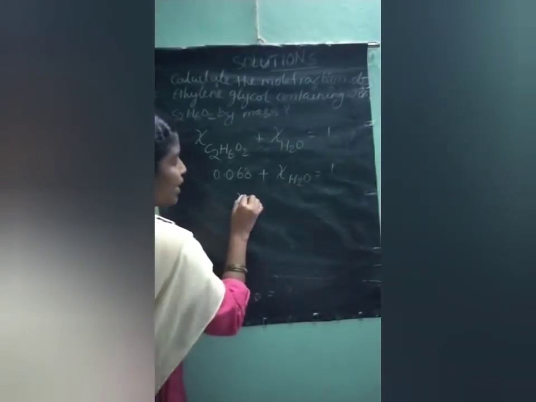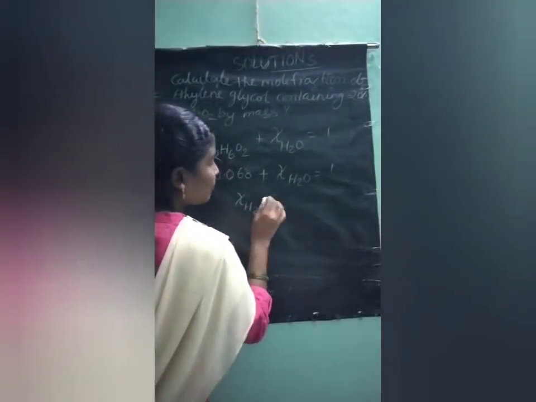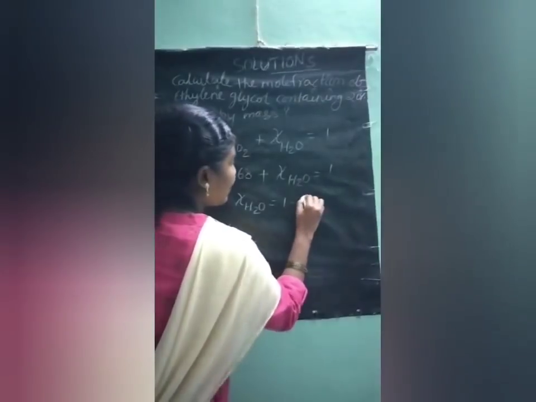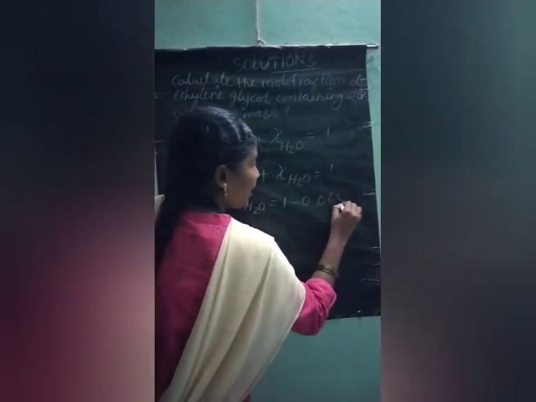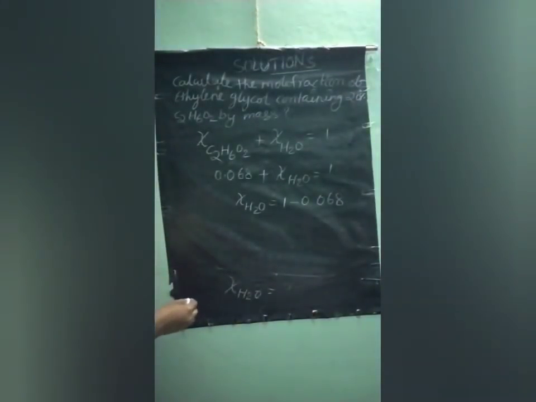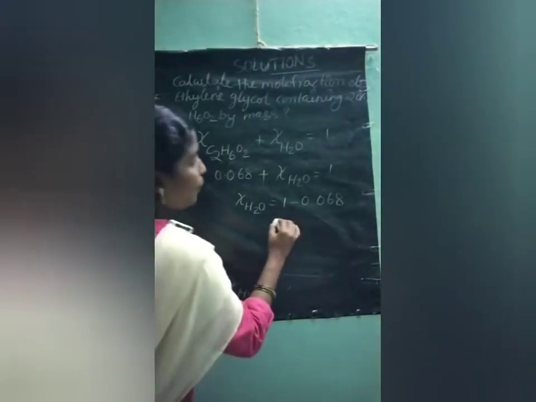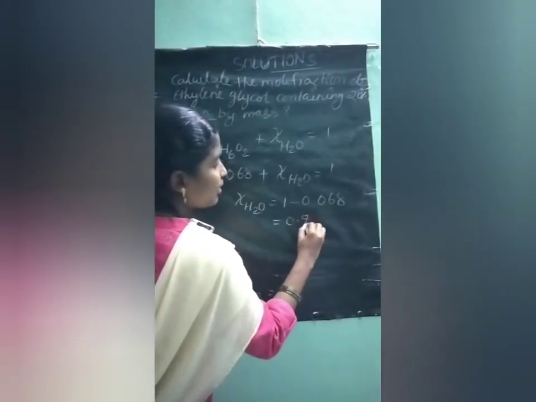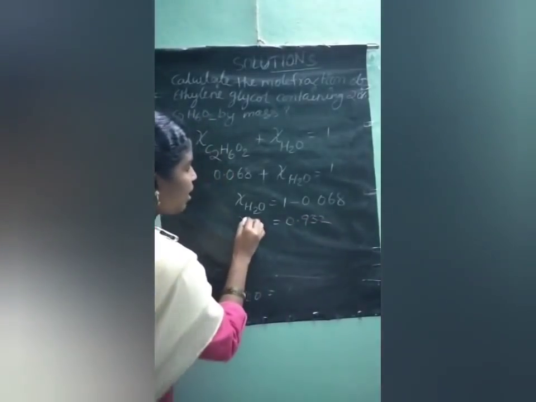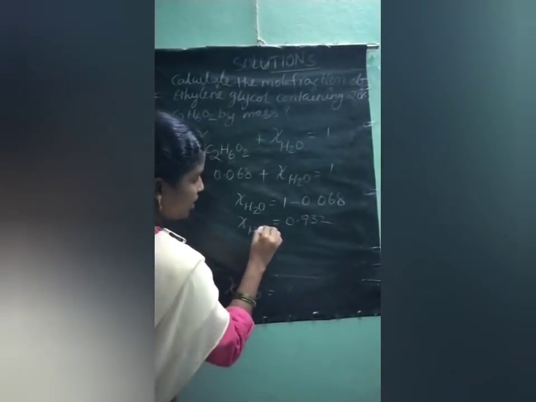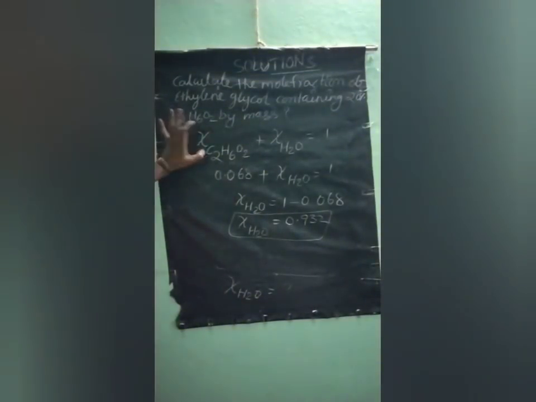So mole fraction of water is equal to 1 minus 0.068. By subtraction we get 0.932. This is the mole fraction of the water by this formula. Okay? Is it clear?